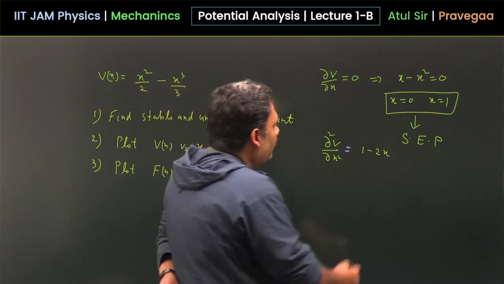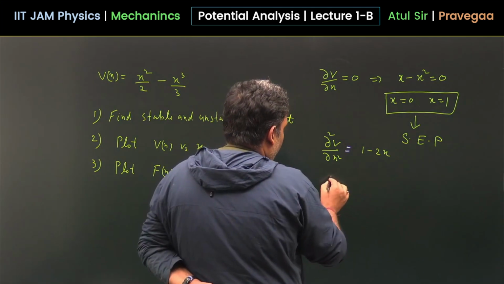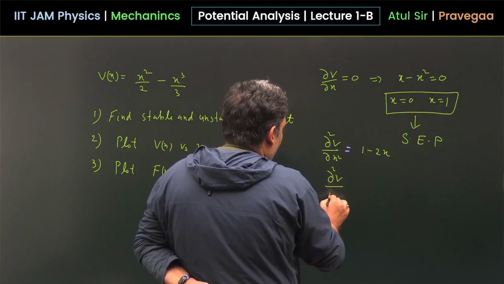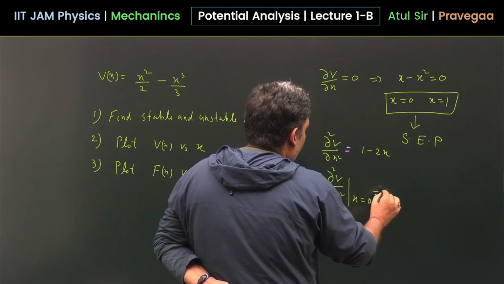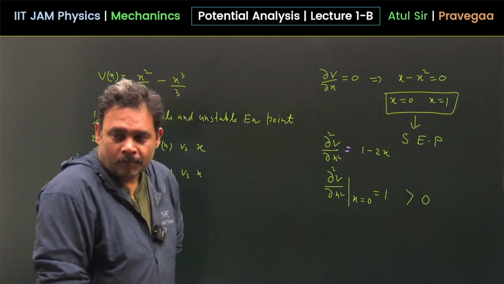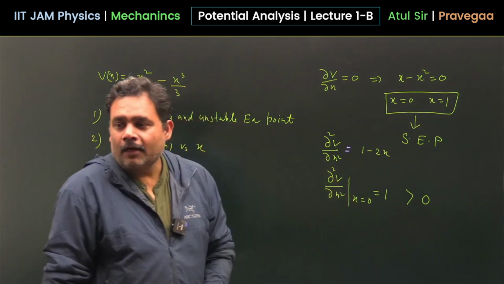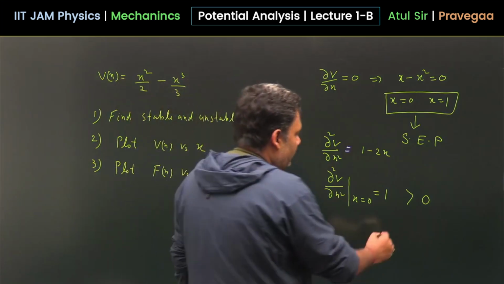So then, if you put x is equal to 0, then del square V upon del x square at x is equal to 0 is equal to 1, that is greater than 0. So x is equal to 0 is stable or unstable? Stable.